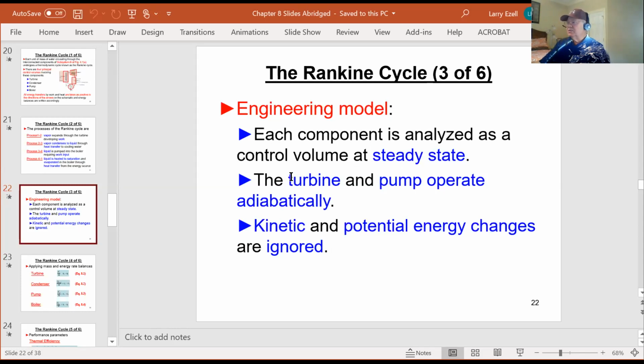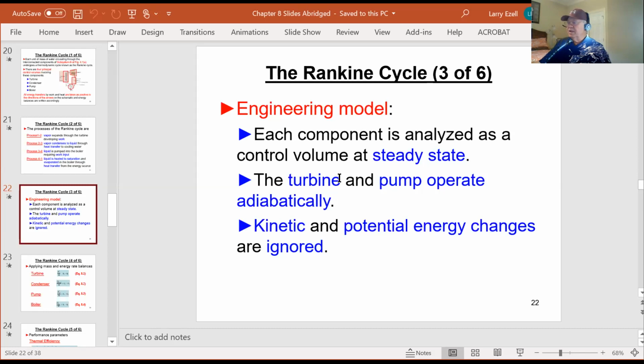To do an analysis, we say the turbine and pump operate adiabatically and isentropically. So the entropy through the turbine is constant, we say, and the entropy through the pump. And that gives us a way to calculate the ideal best case scenario for these two devices.